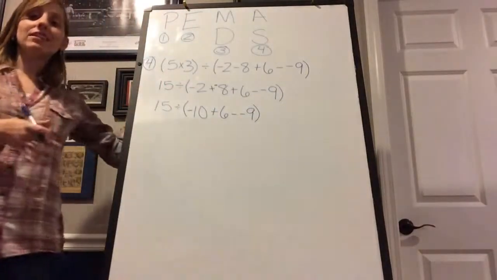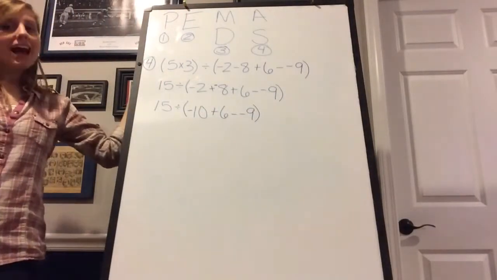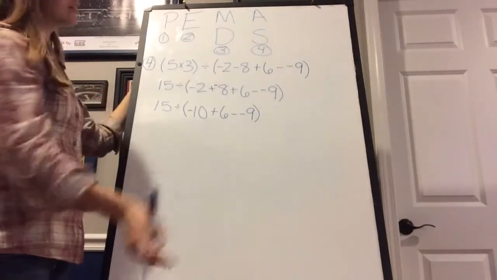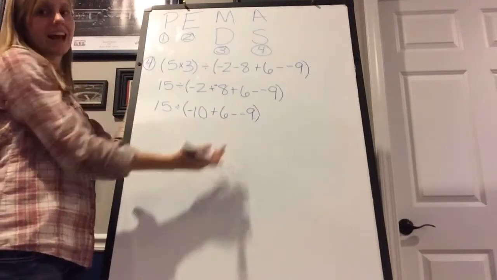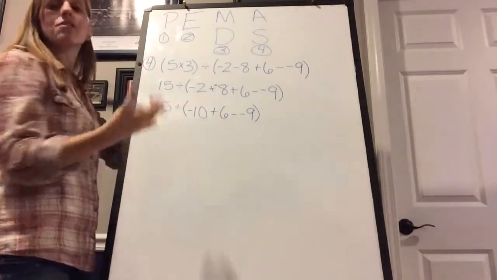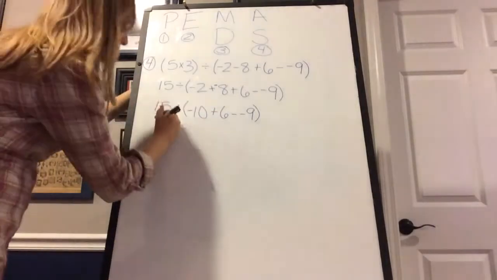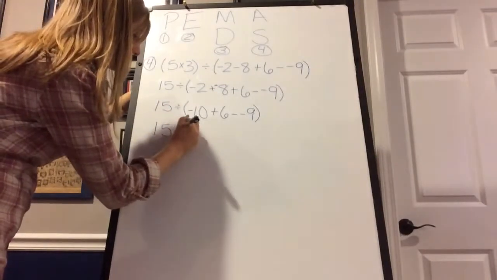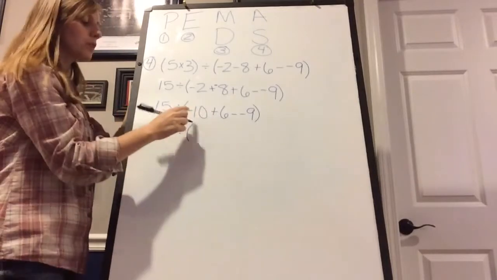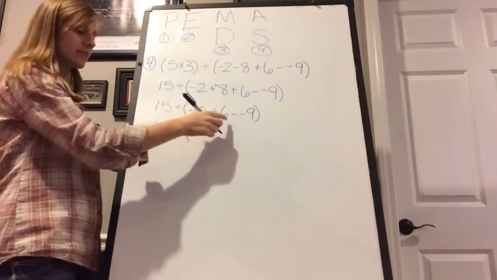You'll notice I still kept this in parentheses because I haven't done all the operations yet. At this point, I'm still in the parentheses because I haven't completed it yet. Addition comes first in the parentheses, so that's what I'm going to do first. My 15 and my division sign will stay the same because it's outside the parentheses. I'm going to do negative 10 plus 6.